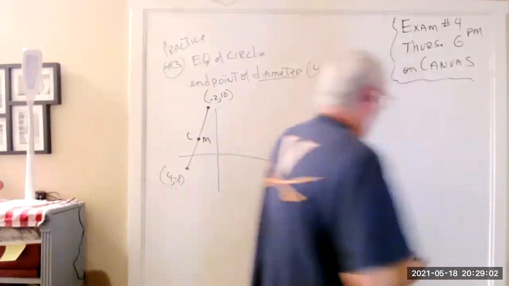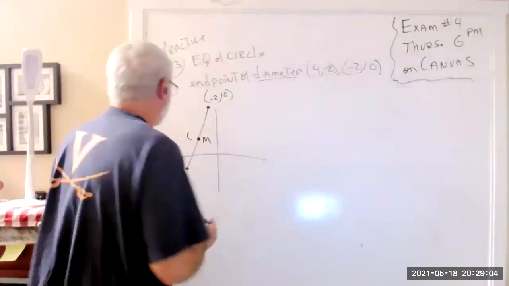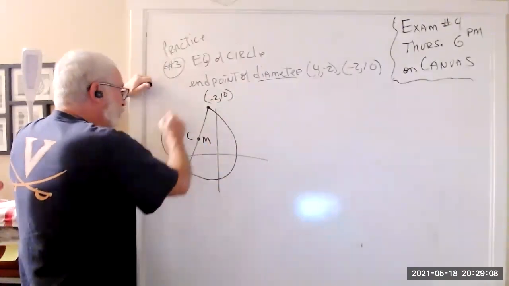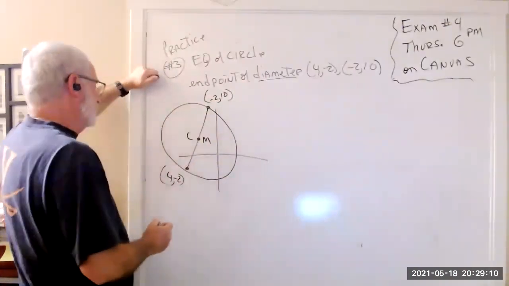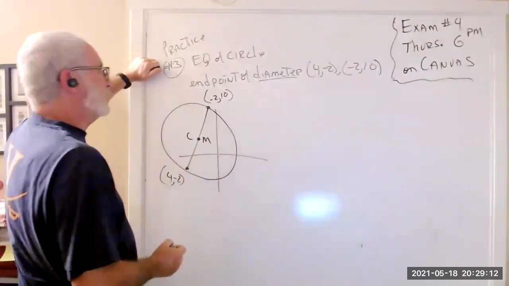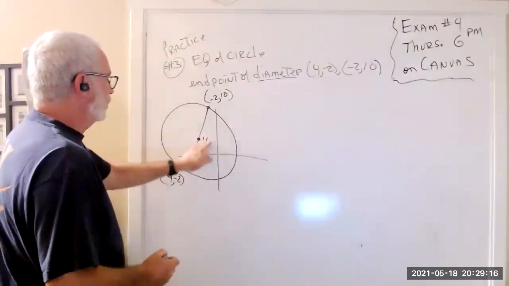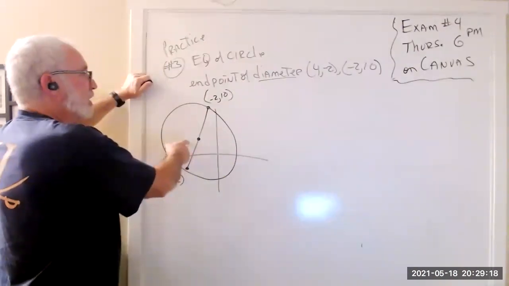All right, let's go back to this. Here's a circle. It's a pretty spazzo circle, but that's a circle. I want the center. How am I going to calculate the center?